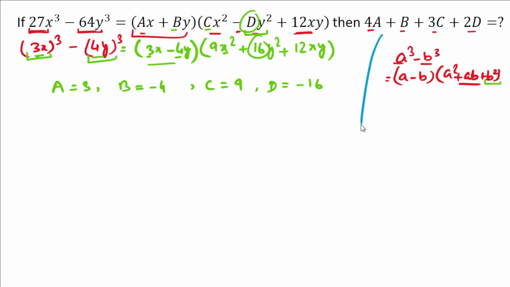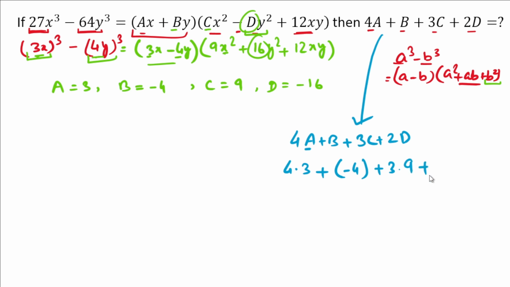Now from here we can calculate the value of 4a plus b plus 3c plus 2d. In place of a it is 3, so we'll write 4 multiplied by 3, plus b, meaning negative 4, plus 3 multiplied by 9, since the value of c is 9, plus 2 multiplied by negative 16.